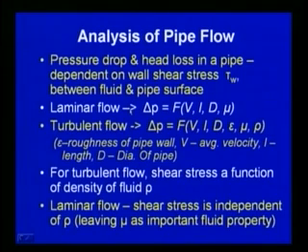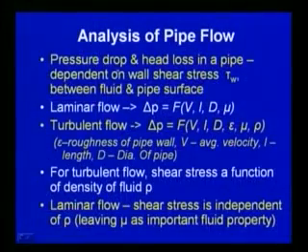We can do some dimensional analysis to see how the pressure drop and head loss develop. For laminar flow, the pressure drop delta P will be a function of the average velocity V, the length of the pipe L, the diameter of the pipe D, and the coefficient of viscosity mu.